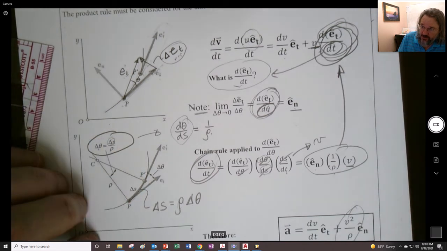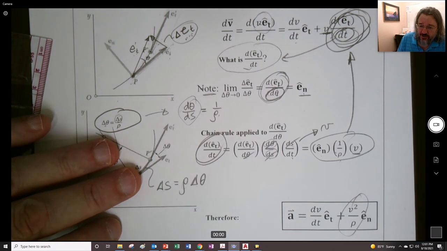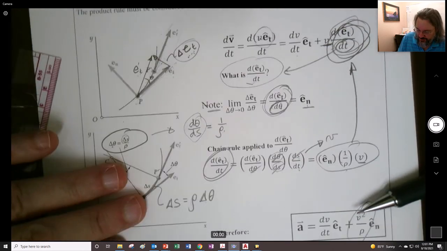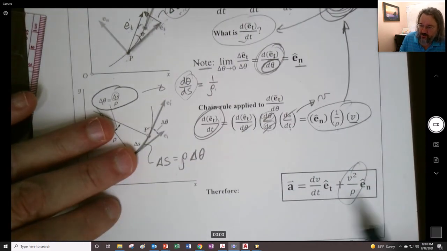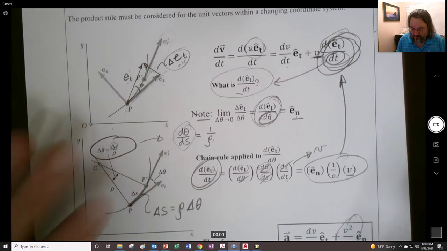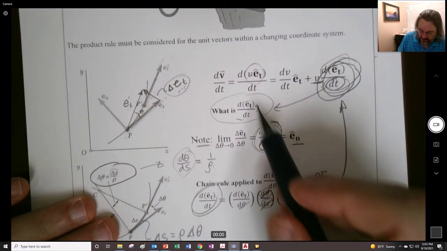So there's a quasi-derivation, I lost the word derivation, to try to convince you this is the correct equation for the path coordinates acceleration. And it's all about the fact that we had to use the product rule, right?